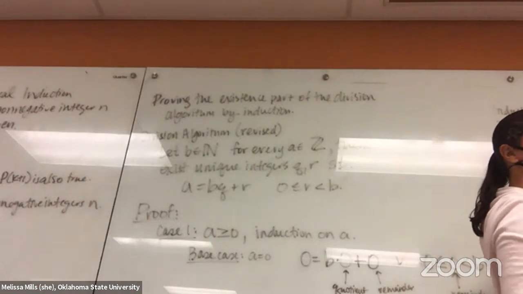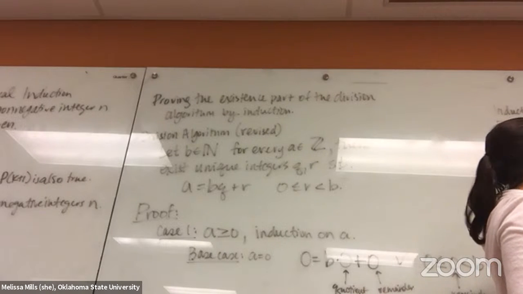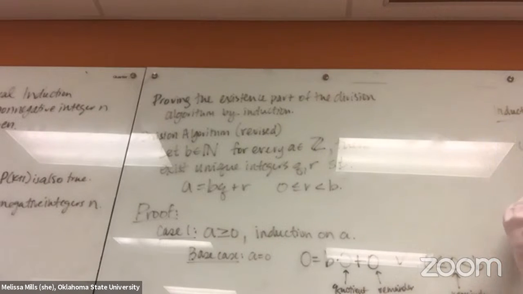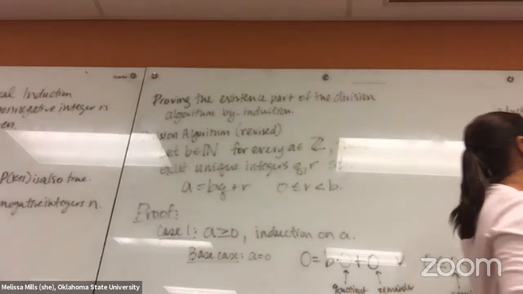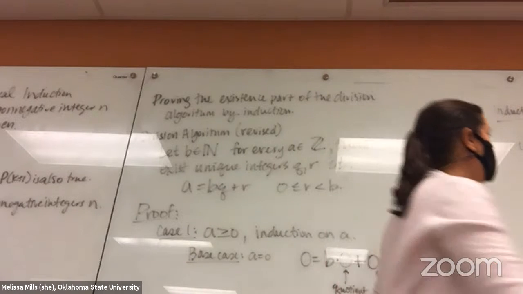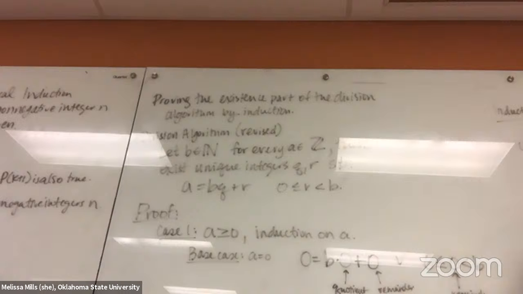It's B times Q plus R plus 1. So this is my possible quotient, and that is my possible remainder, right?